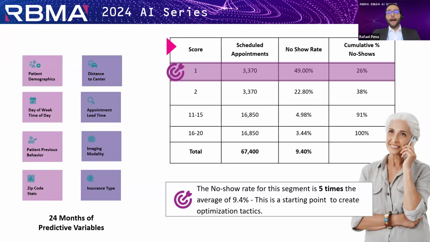However, you might be wondering how it works or what you can do with something like this. And the magic is that you can segment your appointments and target your no-showers faster and more effectively. And these two terms are very important here, because as you can see on the right side of the slide, in just about 10% of your total appointment base, you can find nearly 40% of your total no-shows.